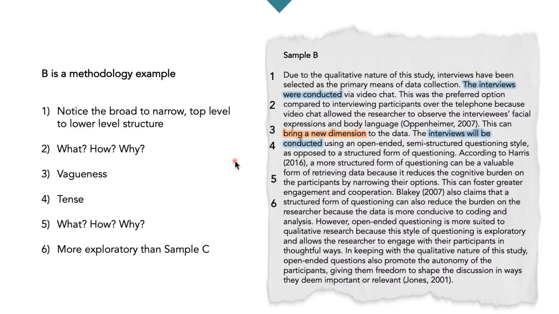They're saying that a structured form of questioning is something that can be useful in certain research projects. But then they said, however, open-ended questioning for this is a much more suitable approach. So they're exploring alternative options. They're discussing that through secondary literature, which in this chapter is absolutely fine, on the basis that you are not purely theoretical, but you're actually applying the evidence.